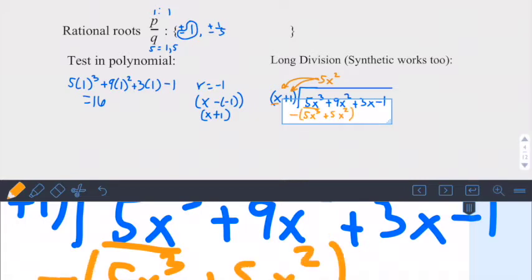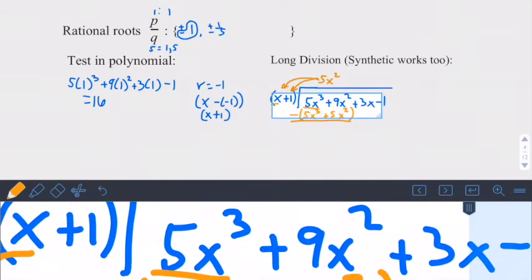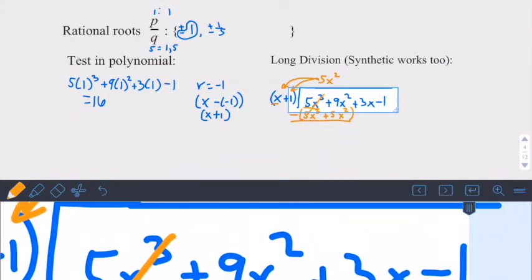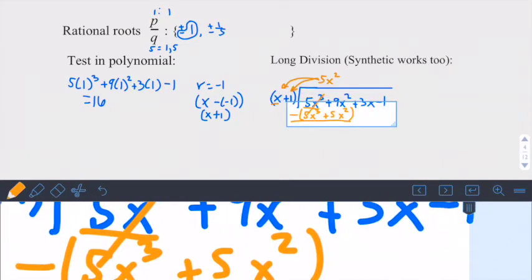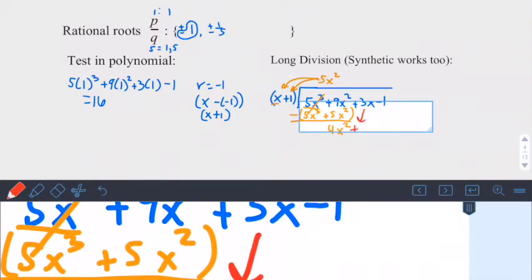And then I subtract both. I distribute my subtraction. So 5x cubed minus 5x cubed is 0. 9x squared minus 5x squared is 4x squared. I bring down my 3x.